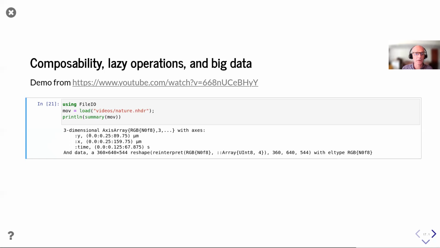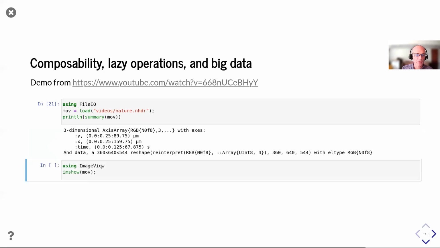So I've decorated the description of the file format so that it knows that the axes have a quarter micron spacing in the first 2 dimensions of the array, and that the third dimension of the array is actually a time axis, and the frames were taken every quarter of a second. And this is actually an RGB image, meaning that the actual elements of the array are red, green, blue colors, rather than single scalar values.